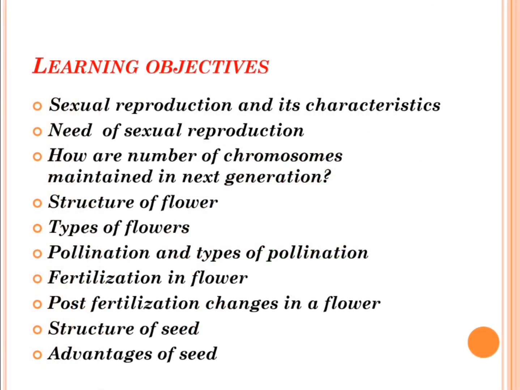In today's lecture, we will learn in detail about sexual reproduction and its characteristics, need of sexual reproduction, how the number of chromosomes is maintained in the next generation, structure of flower, types of flowers, pollination and types of pollination, fertilization in flower, post-fertilization changes in a flower, structure of seed and advantages of seed.